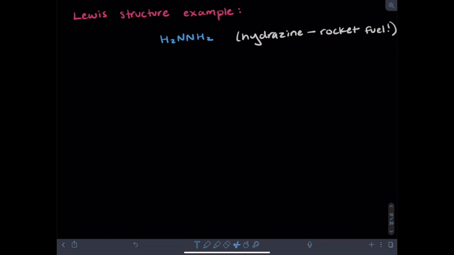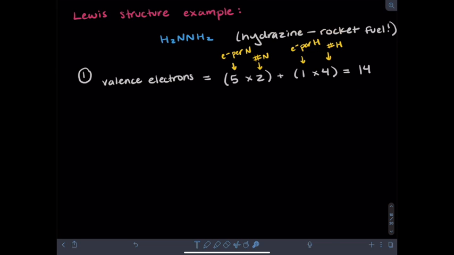To demonstrate how I would do this, I'm going to show you how I would draw the Lewis structure for H2NNH2. This is a molecule known as hydrazine, which is used in rocket fuel. The first thing I'll do is calculate the number of valence electrons in my overall molecule. Each nitrogen has 5 valence electrons, and there are 2 nitrogens in my molecule.